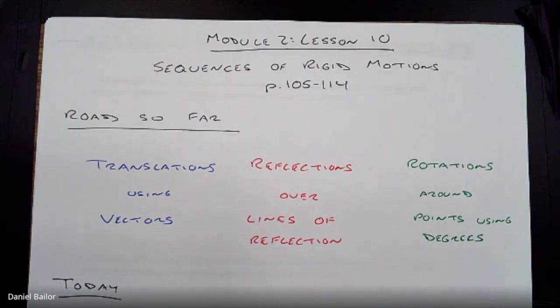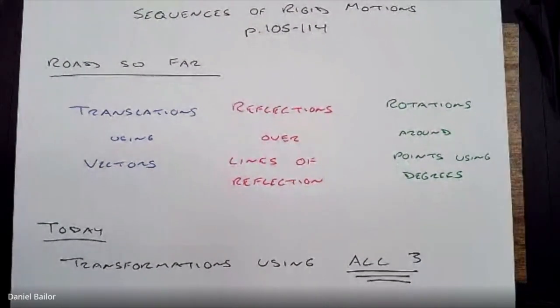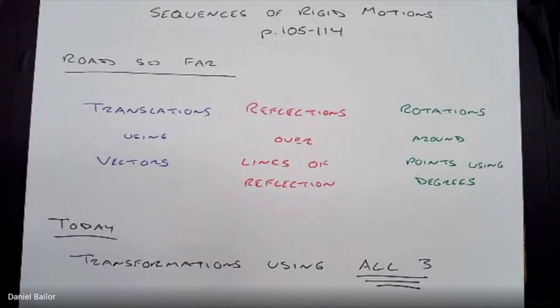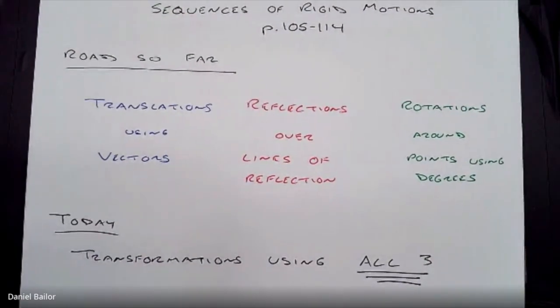And so today, we're actually going to be doing transformations using all three. So there will be transformations using translations, reflections, and rotations. And the primary goal of today's practice is, can you recognize what transformations somebody else used? And can you describe the transformation that somebody else did? So can you look at two images and tell me how one of them changed?